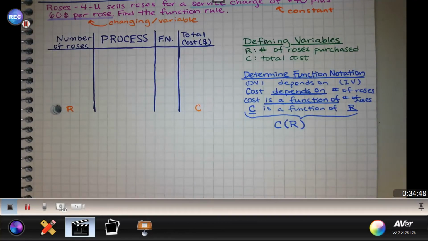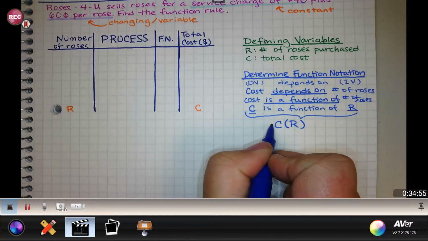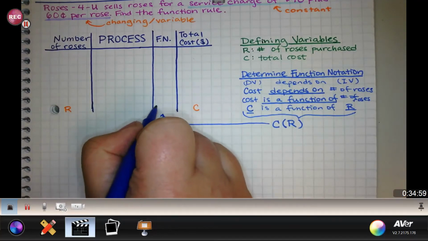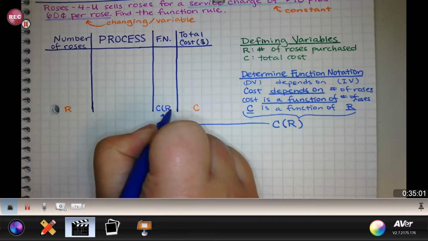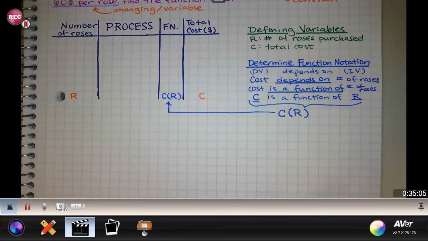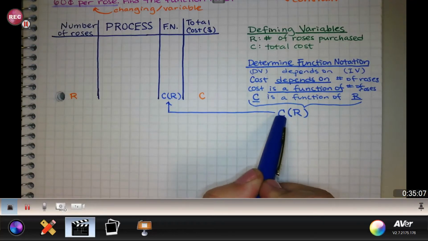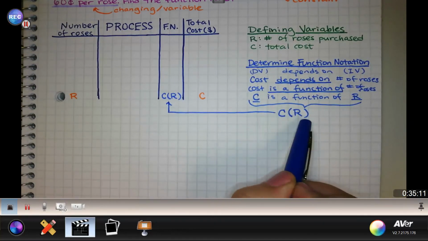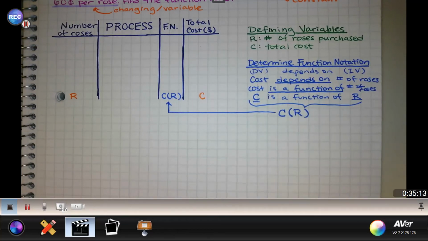So there is my function notation. I'll put that in here, C of R. That makes sense. The total cost depends on, or is a function of, the number of roses you buy.